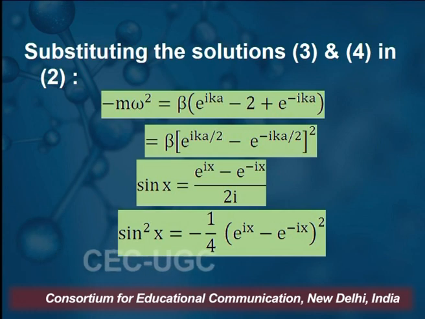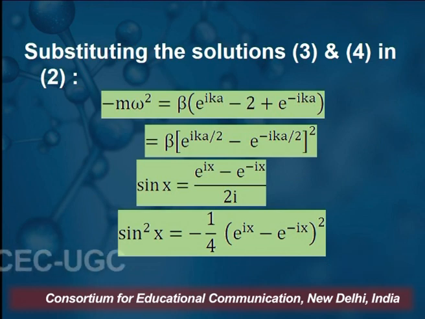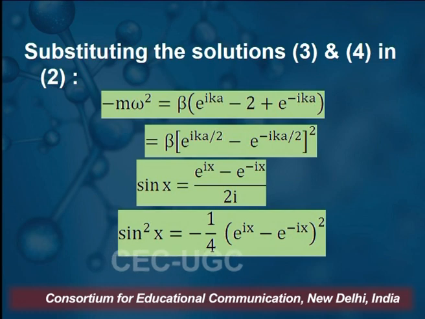This way I can write it as beta times e to the power of i k a minus 2 plus e to the power of minus i k a.